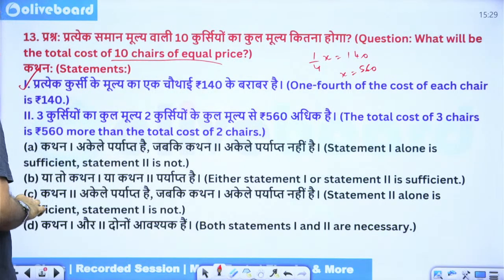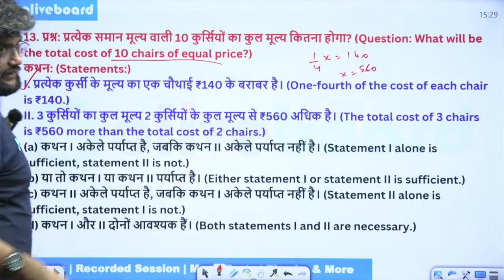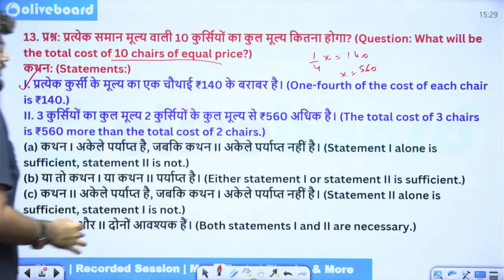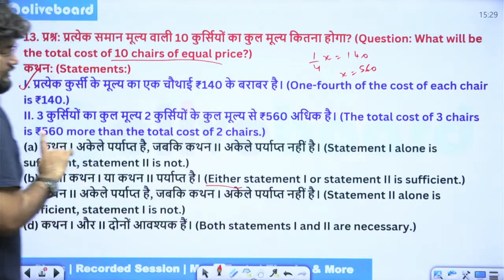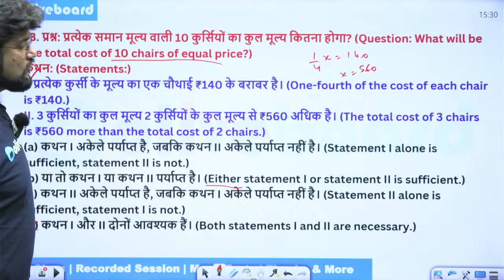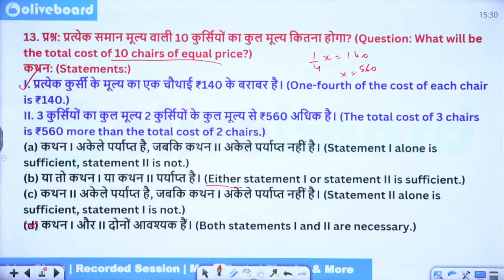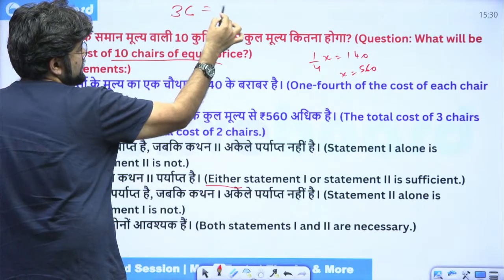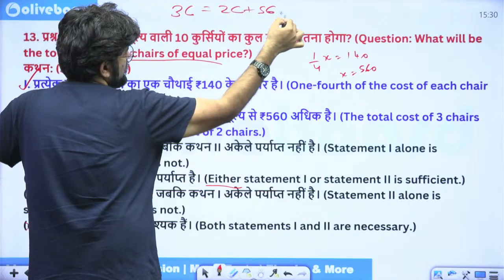Now you could have just marked this and moved ahead if you didn't have either or in the options. But you have either or also. That means you will have to check statement 2 whether it is alone sufficient or not. But only alone now. Together is gone. There is no scope of both being necessary. Now check the second one. Second one says the cost of 3 chairs is 560 more than the cost of 2 chairs.